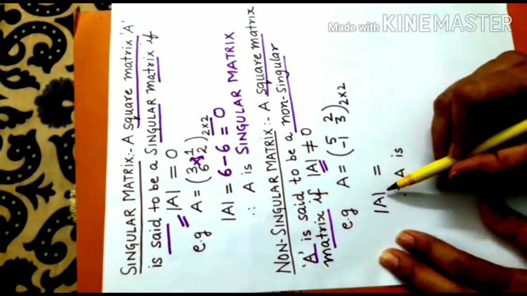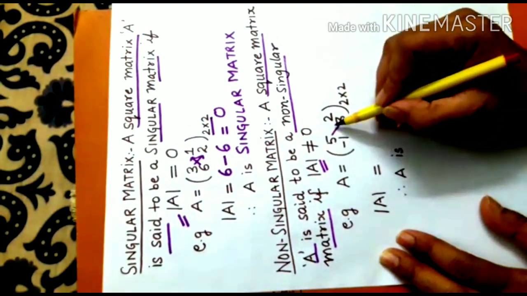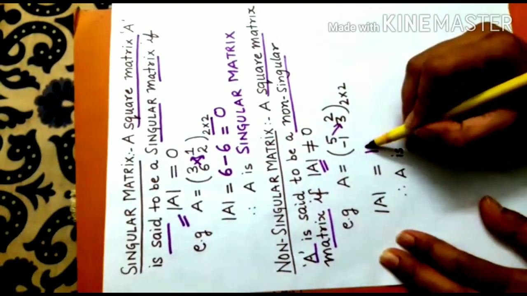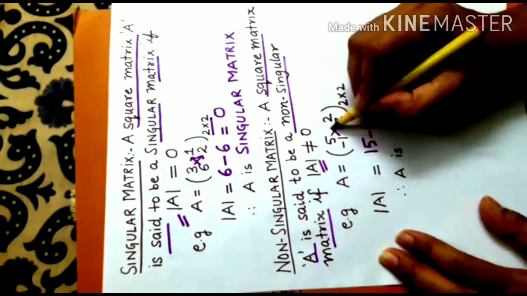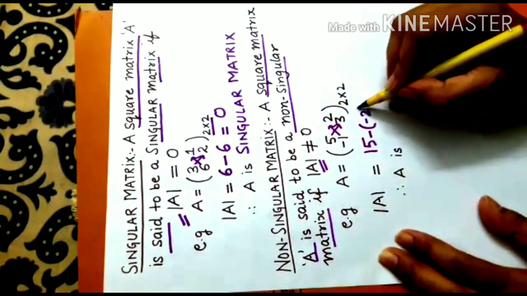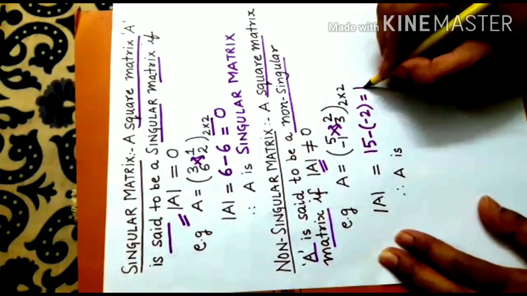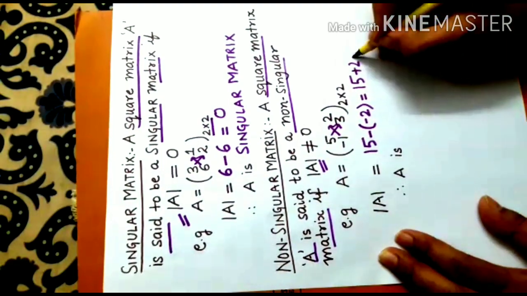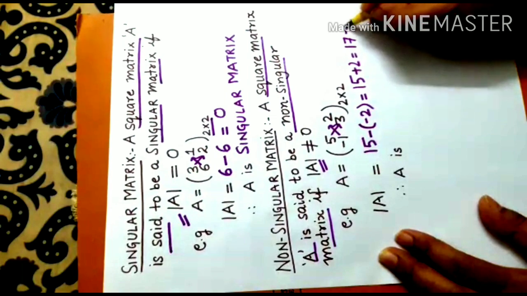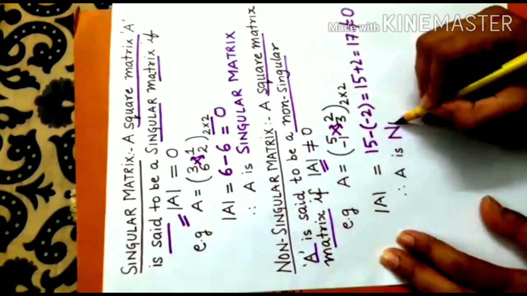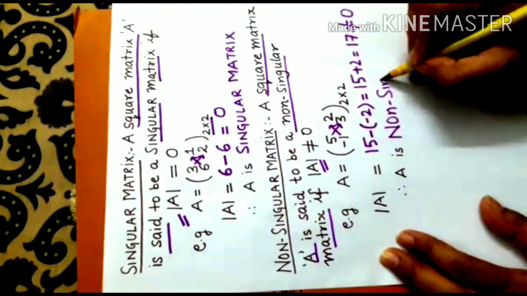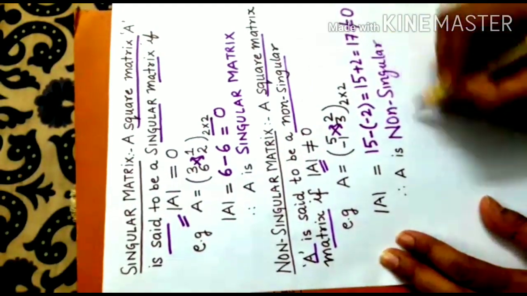If I compute its determinant, it will be the product of these two, that is 15. From this, subtract the product of these two, which is minus 2. So that will give you 15 plus 2, 17, and it is not equal to 0. So therefore, A is a non-singular matrix.